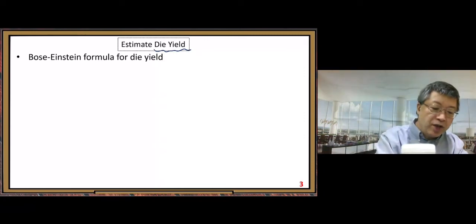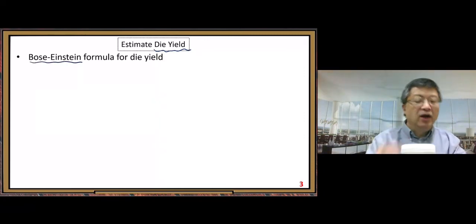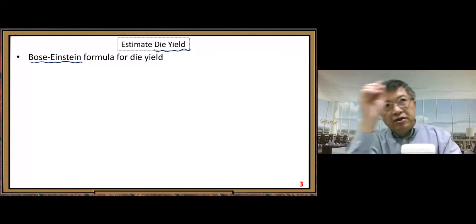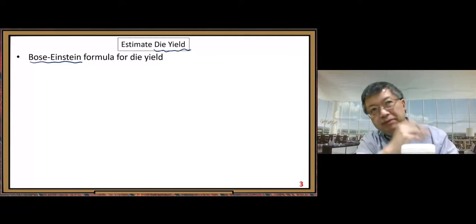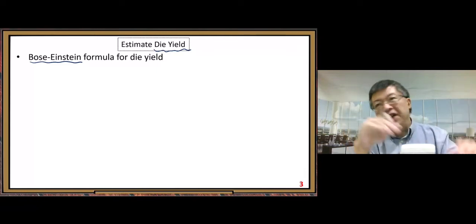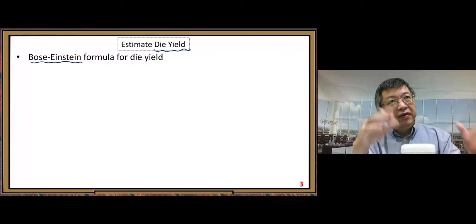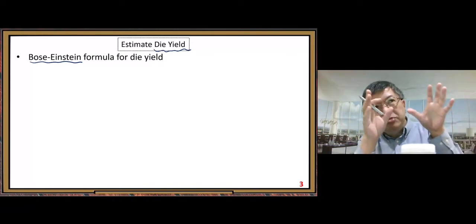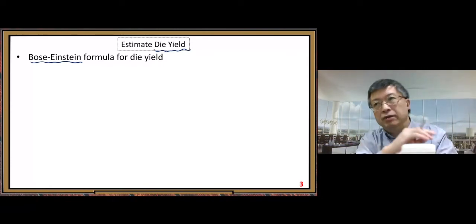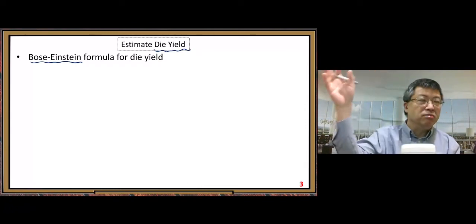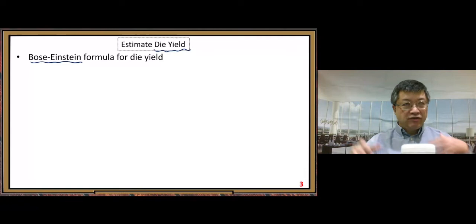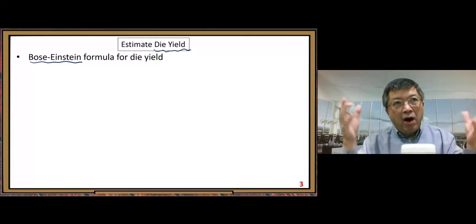The reason we call it this name is that it uses the Bose-Einstein statistics model. This Einstein is that famous Albert Einstein. They developed a very special statistics model, and this formula is based on that model.